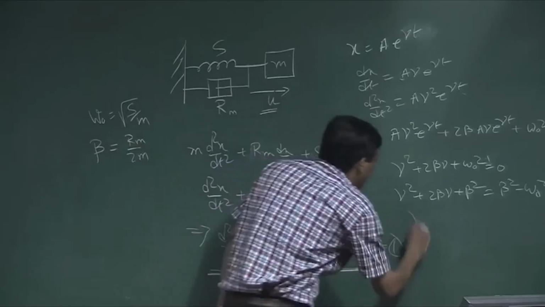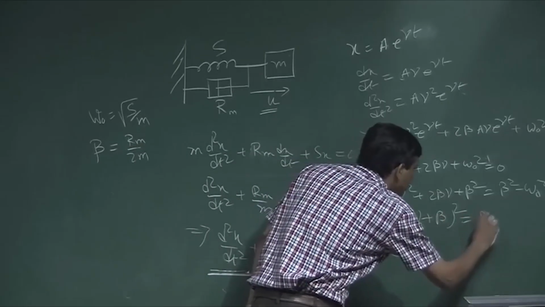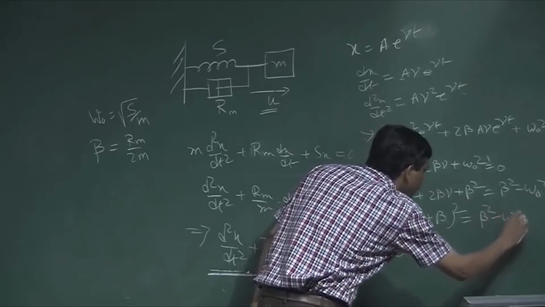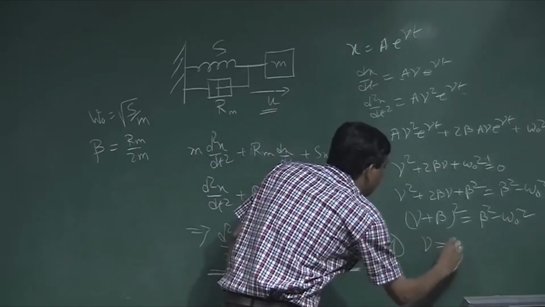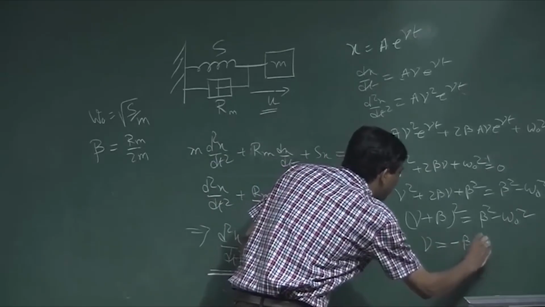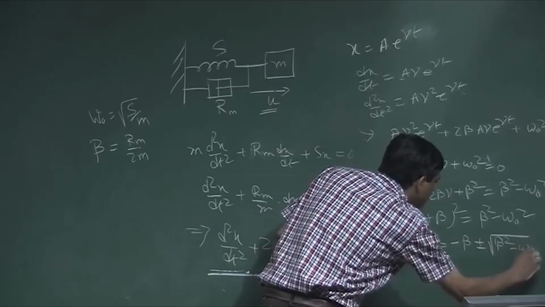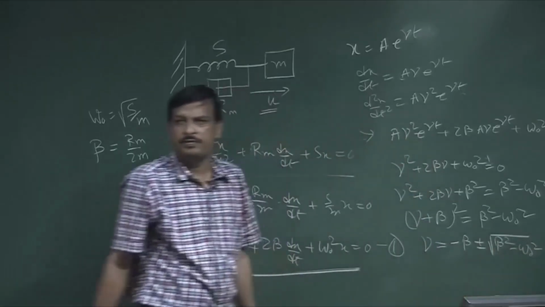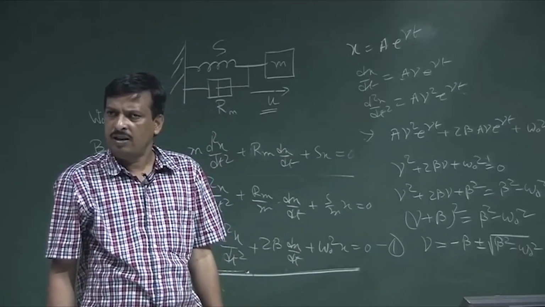So it is gamma plus beta whole square equal to beta square minus omega 0 square. So gamma is minus beta plus or minus root over beta square minus omega 0 square. This is the gamma.